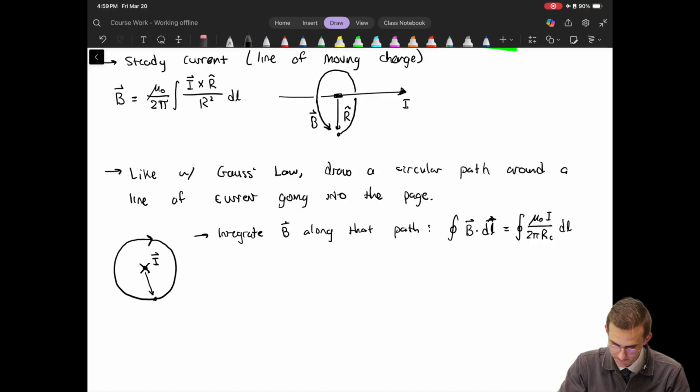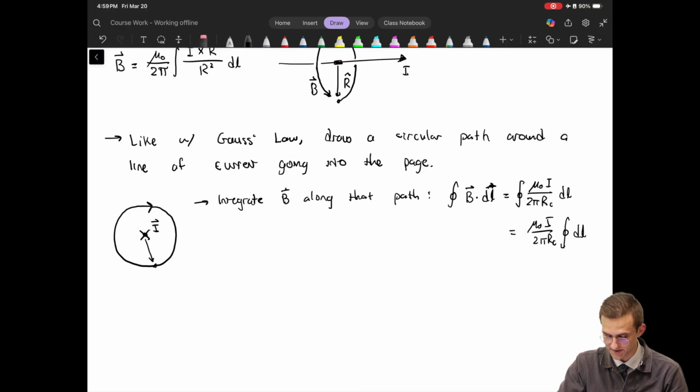So you can pull all those out, and you just get mu naught I over 2 pi R_C times the integral over the length of the loop, dl. And that's going to pull out the length of the loop, right? And what's the length of the loop but 2 pi R_C? So that's going to cancel out, and you just get mu naught I.